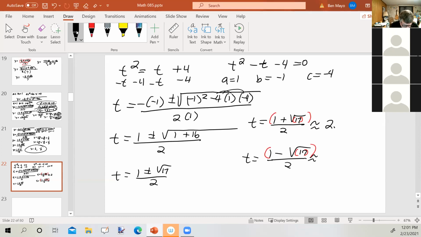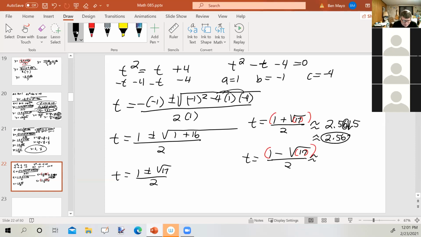I get 2.5615. We're supposed to round to the nearest hundredth. That would be the 6. The 1 would round down, so we're going to get 2.56 as our first answer.